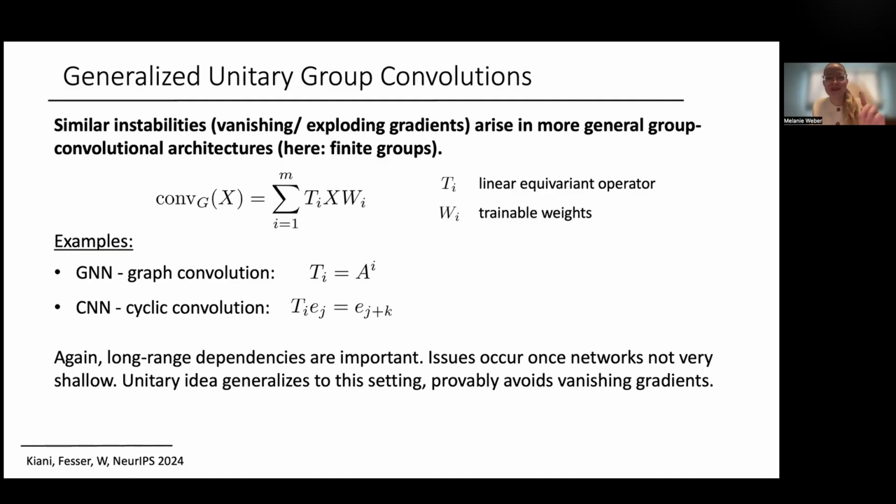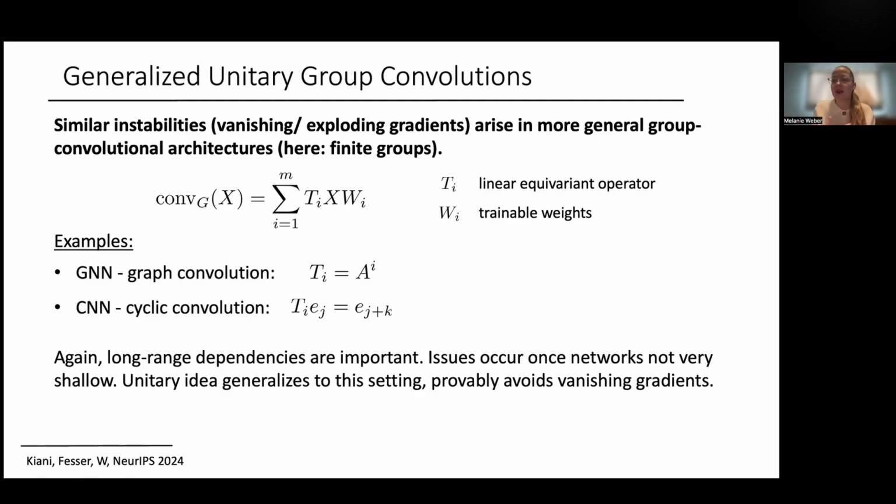Oh, before we get to this, actually, one more note. In this part of the talk, we very much focus on graph machine learning and graph neural networks. But as I mentioned initially, similar instabilities, similar representational collapse is also known to occur in other architectures, and in particular in other structured or geometric architectures.